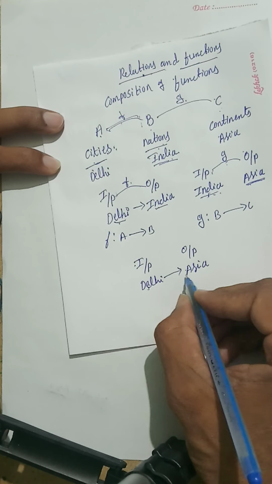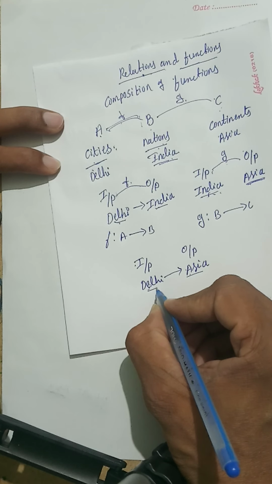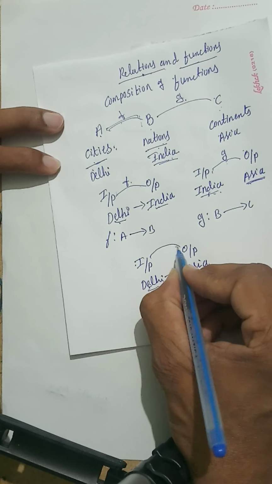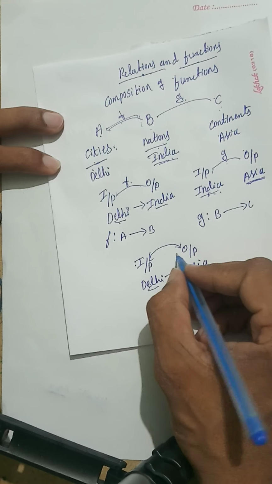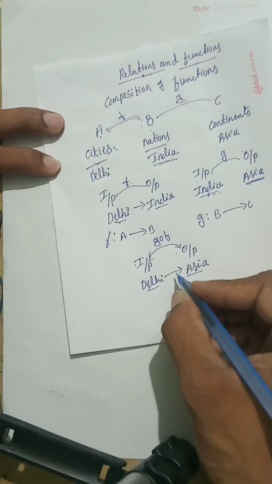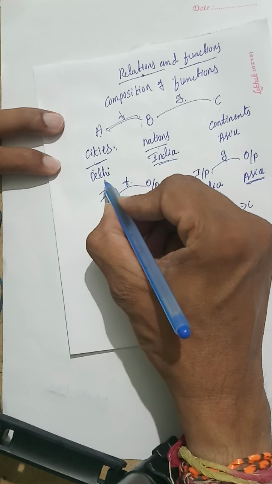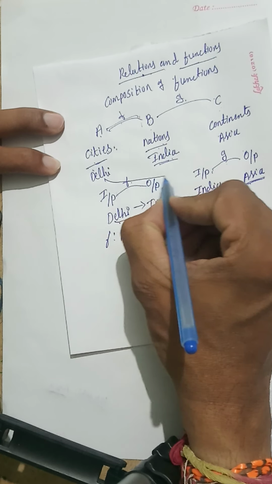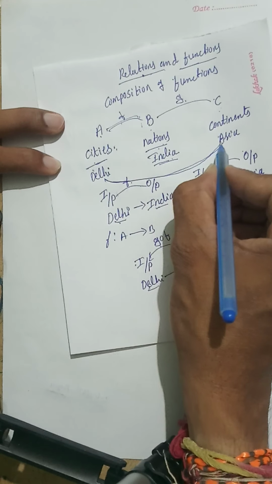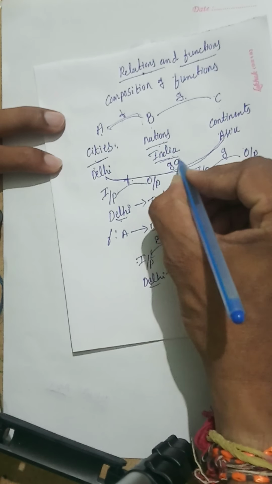This function we call gof. If I enter Delhi, I directly get Asia.